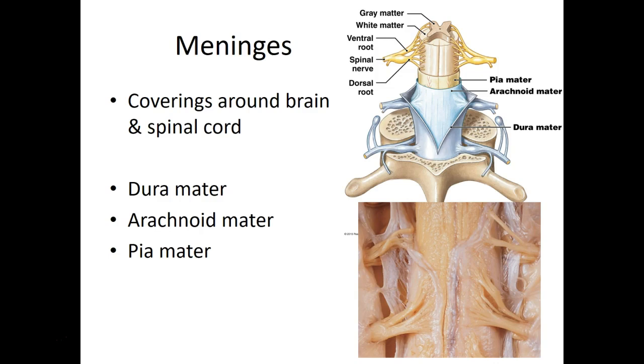So we can call this the subarachnoid space. And you can see some of these on the spinal cord image over here on the right. And all 3 of these together are called meninges.